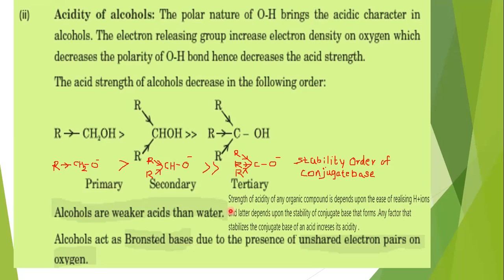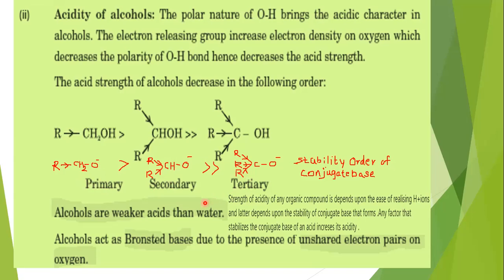The ease of releasing H plus ions depends upon the stability of the conjugate base that forms. Any factor that stabilizes the conjugate base of acid increases its acidity. So in this case, primary alcohols are more acidic than secondary than tertiary.